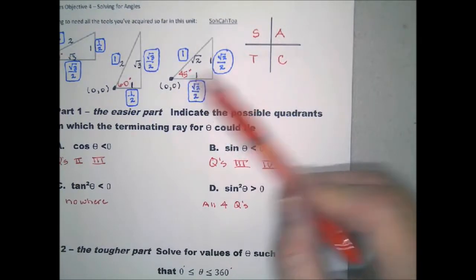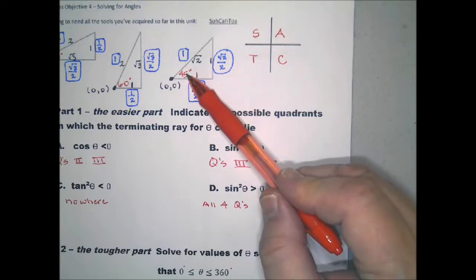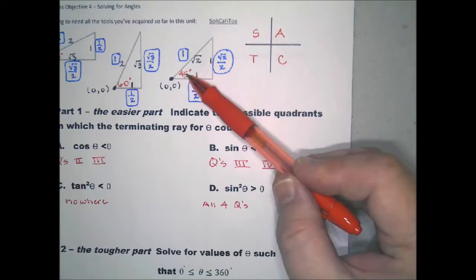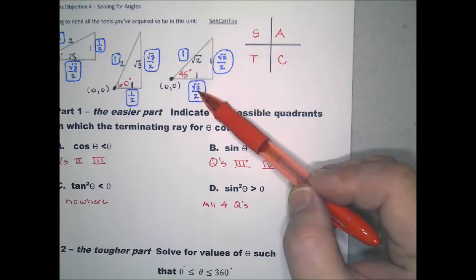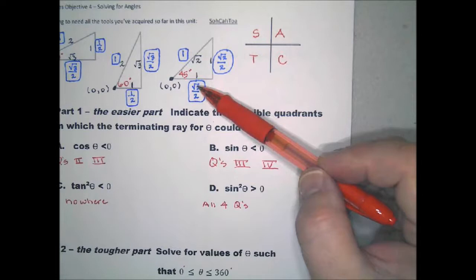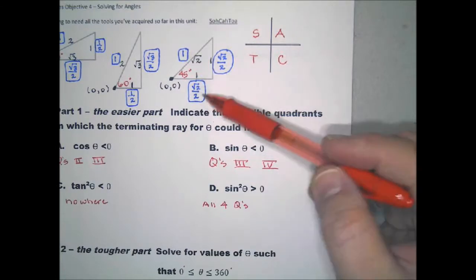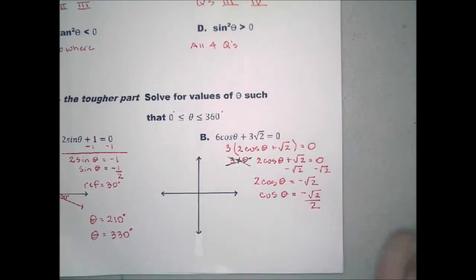It's root 2 over 2, 45 degrees, so that's my reference angle. We're doing cosine. I pointed to sine, but really cosine's the same thing, adjacent over hypotenuse. So root 2 over 2 over 1 is still root 2 over 2. So it's a 45-degree angle. My reference angle is 45 degrees.